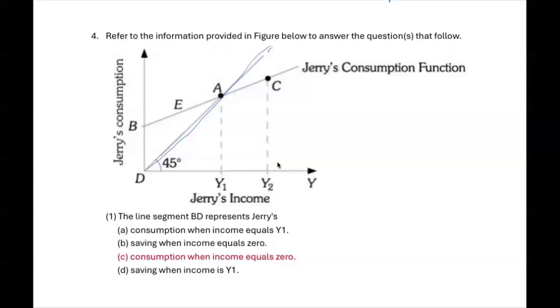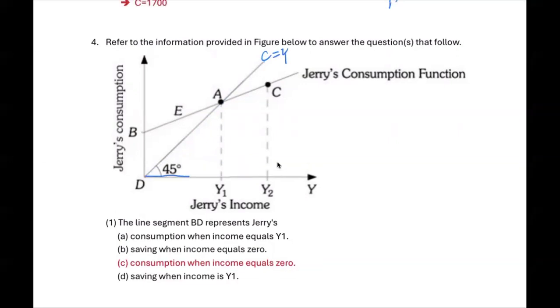It means that along this 45-degree line, consumption C equals Y. Because remember, the x-axis is income, the y-axis is consumption, and the character of the 45-degree line is that they are equal, right? So along the 45-degree line, C equals Y. Okay, then we can look at the following questions, what they are asking.